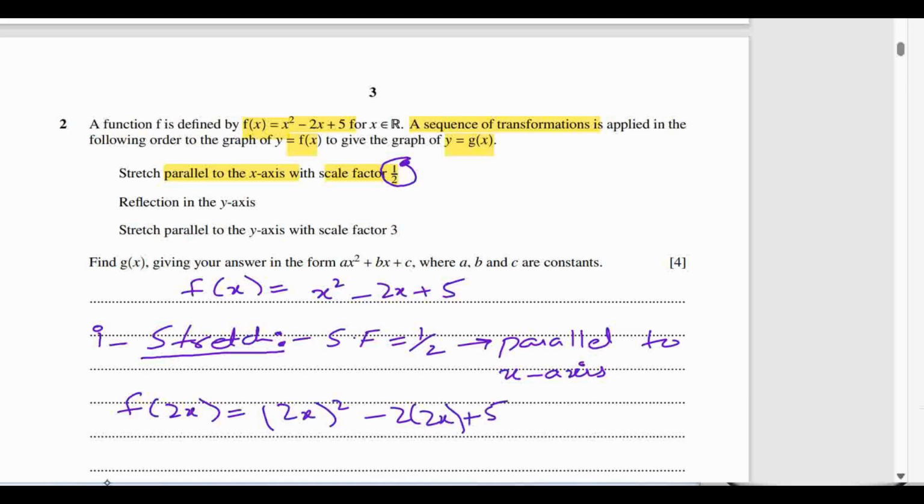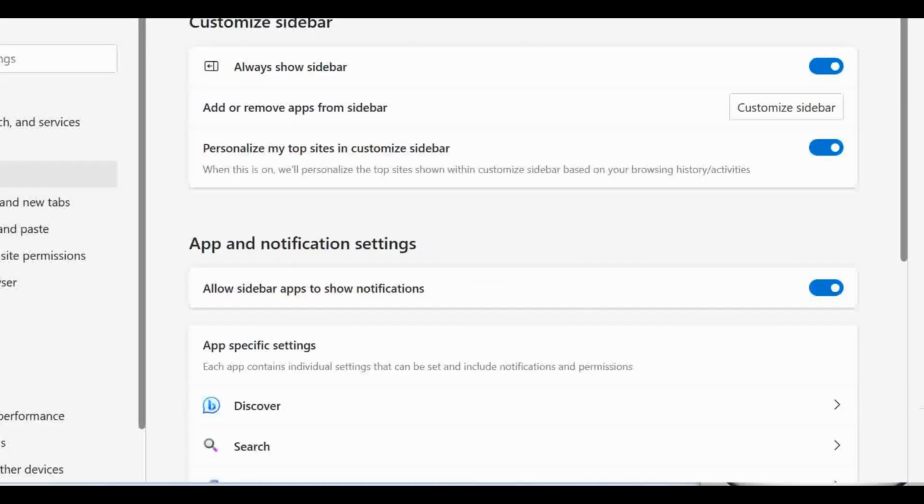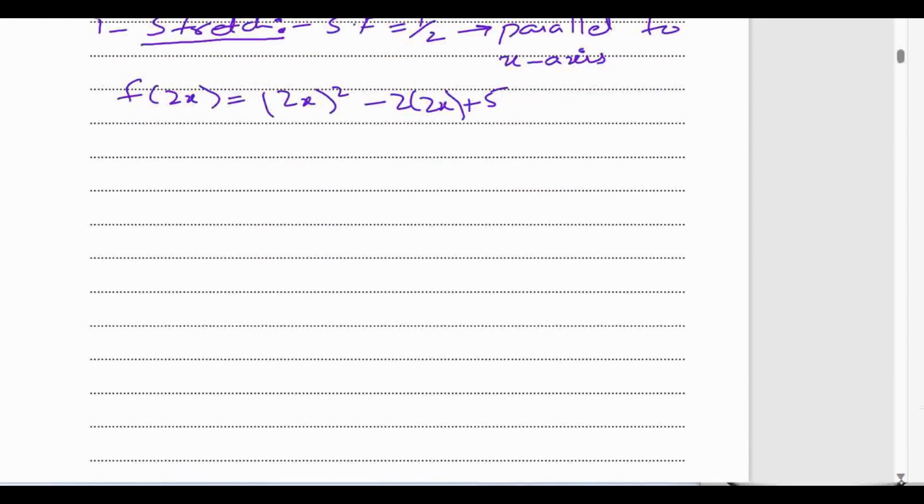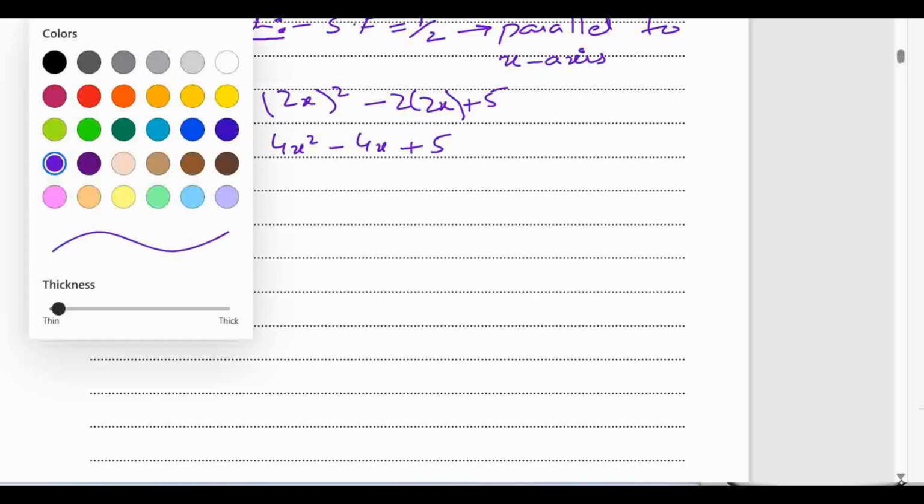Now if we further simplify it, this will be 4x square minus 4x plus 5. Now let's see the second portion.